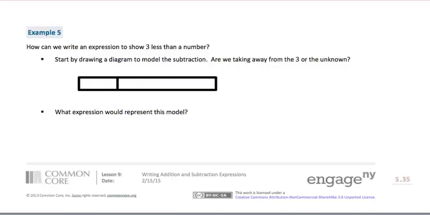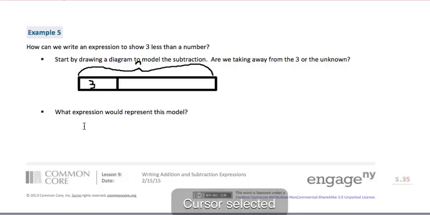Well, if I fill in 3 right here, our whole diagram is representing n, meaning our number. Hopefully now once we do that, we can see that the expression needs to be n minus 3, not 3 minus n. 3 less than a number.